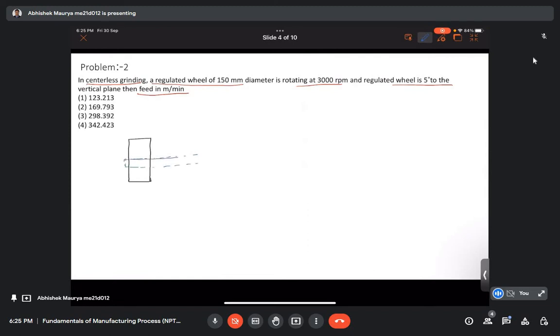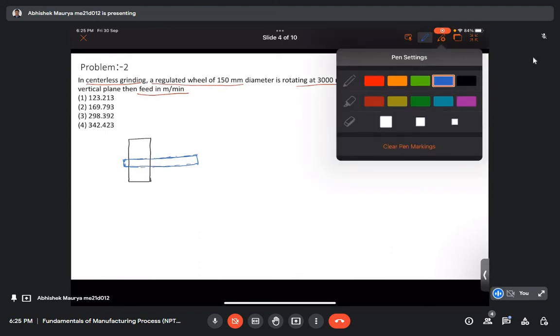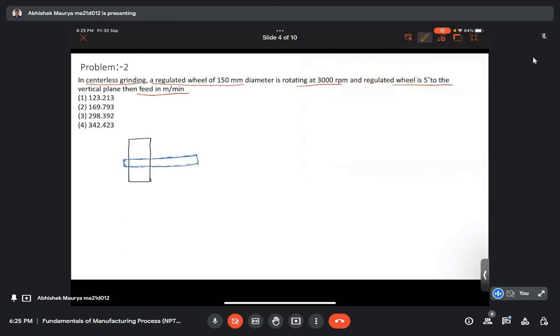Our aim is to grind the surface of this cylindrical workpiece. First we have the grinding wheel over which we have the workpiece, and there is a regulating wheel which is at an inclination of 5 degrees from the vertical plane. So it will look something like this.